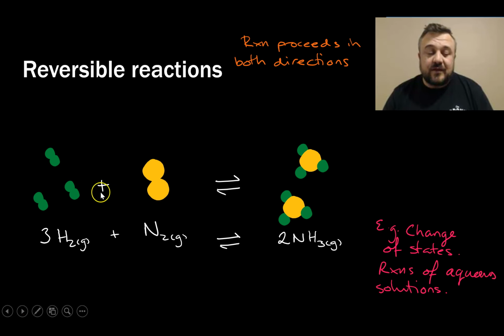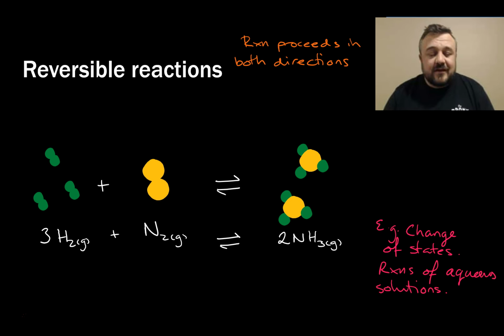So there will be 3 hydrogen molecules bumping into some nitrogen molecules and then turning into 2 ammonia molecules. But at the same time, there'll be 2 ammonia molecules which are decomposing into a nitrogen molecule and 3 hydrogen molecules. So if these guys are at a dynamic equilibrium, they're doing that at the exact same rate and the concentrations are staying the same. They don't have to be the same, but the concentrations are staying the same.